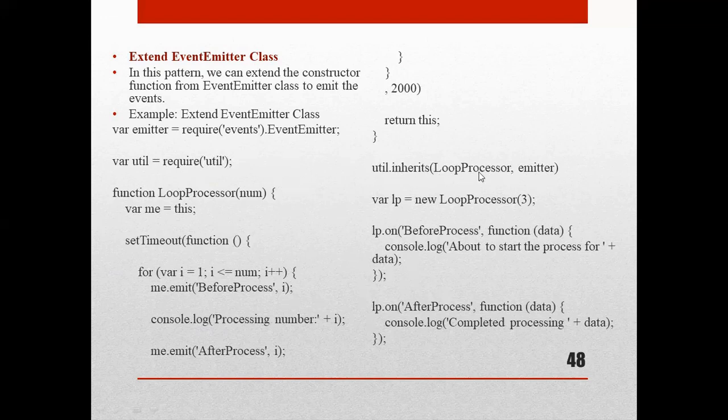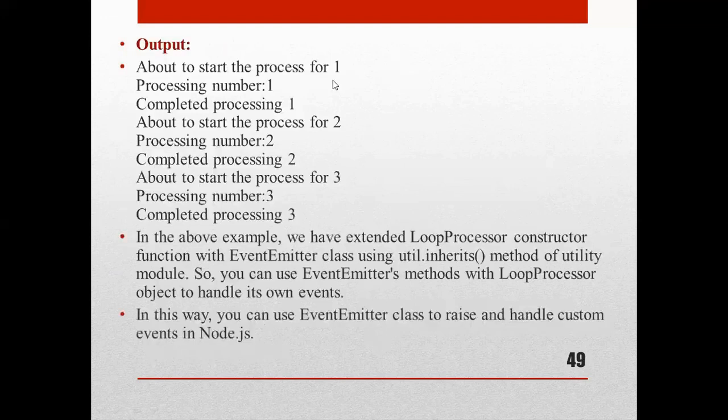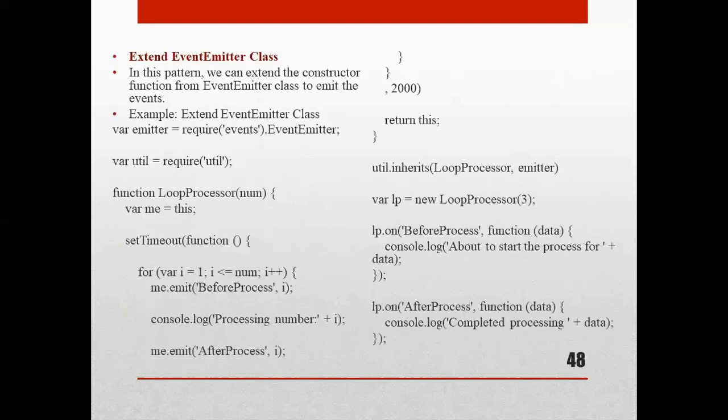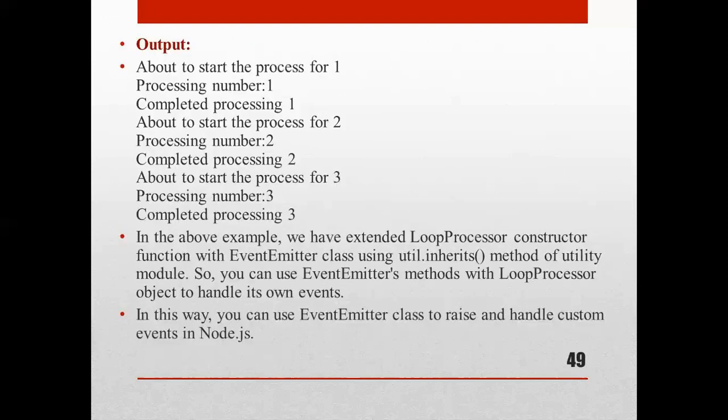So after executing this code, what will we get? We will get output like about to start the process for one. We will get similar output, but what is the difference between returning the event emitter and extending the event emitter class? Here you can see we have extended the loop processor constructor function.